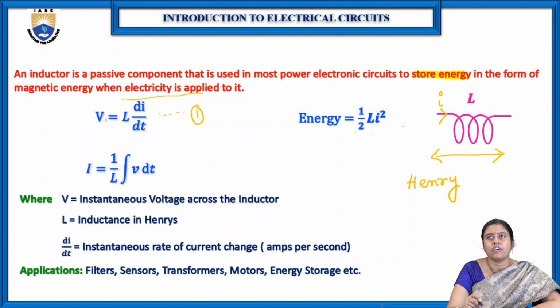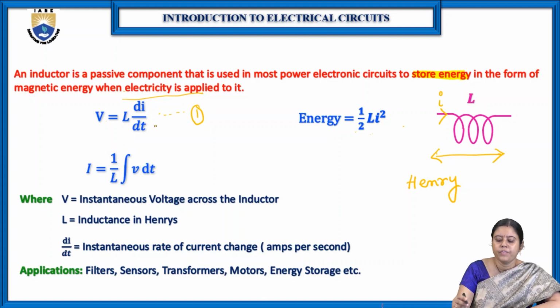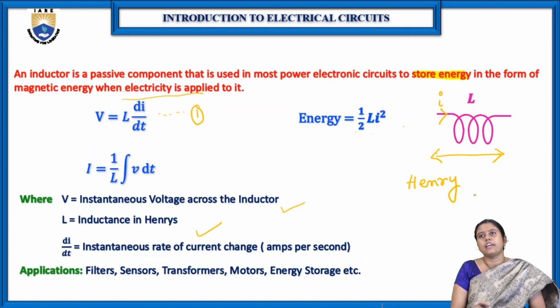So I is equal to 1 by L integration of V dt, where V is the instantaneous voltage, L is the inductance in Henry, and di by dt.